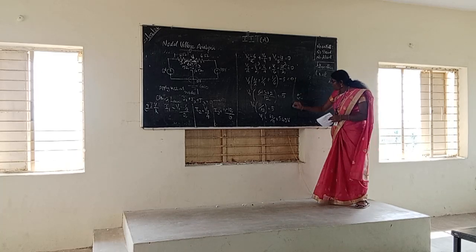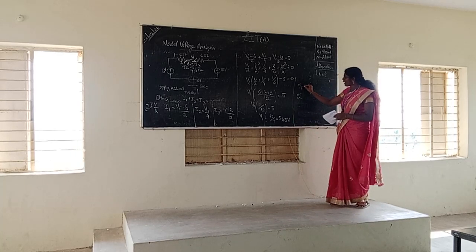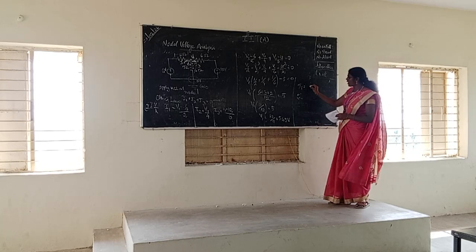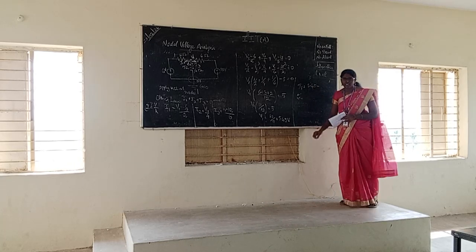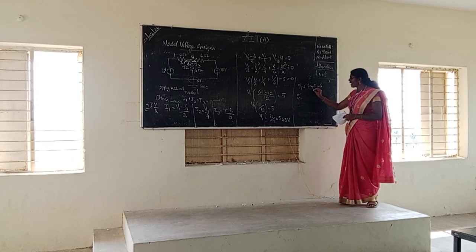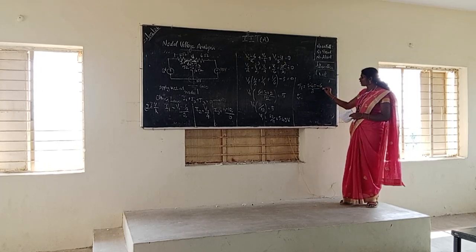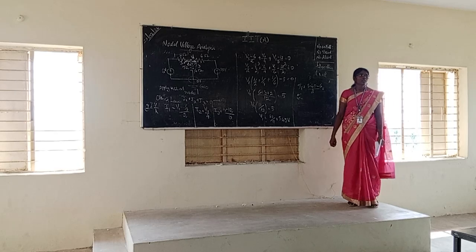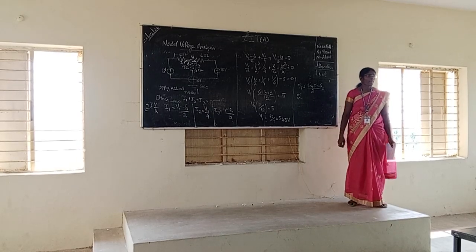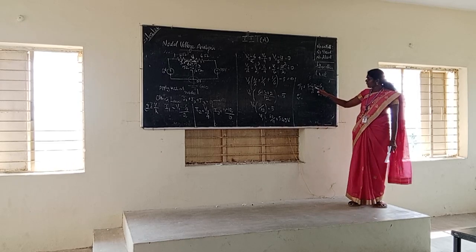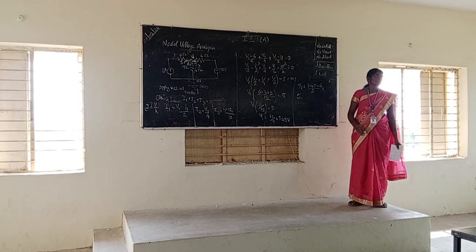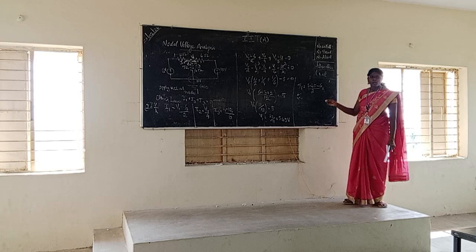What is the value for I1 then? I1 is equal to V1 minus 6, that is 5.45 minus 6, divided by 2. What is the value for it? 5.45 minus 6 is minus 0.27.